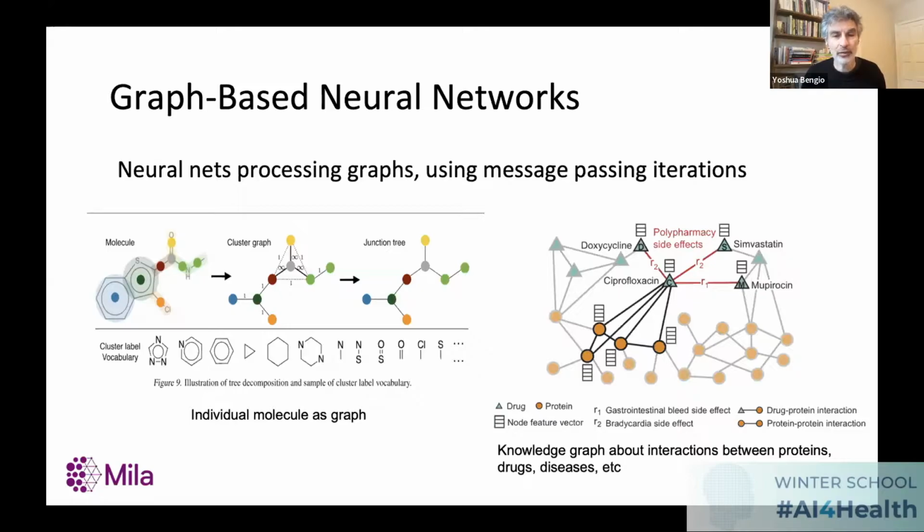Together they're computing something that eventually depends on the whole graph, and you can read off predictions for the whole system from these graph neural nets. That's kind of how they work. They've been amazingly successful, and that's the technology we use anytime the input is a graph, like a molecule.